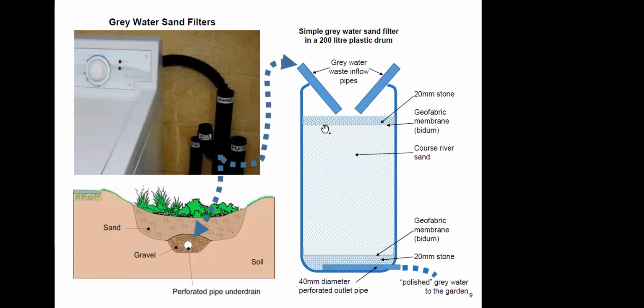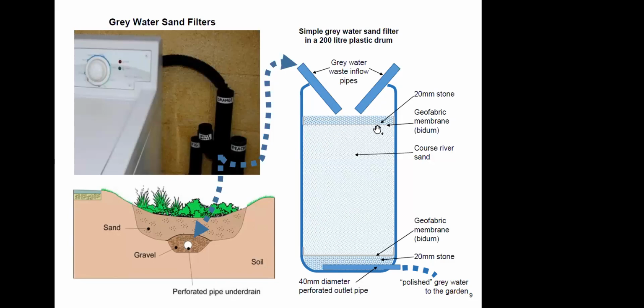Then at the top here, I put the same layer of bitumen, and then I put another small layer of 20-millimeter stones. So all the grey water coming out of your kitchen sink or your washing machine goes into this tank. And the reason for these stones is that when the grey water comes out, it doesn't create an indentation. It hits the stones and doesn't erode away.